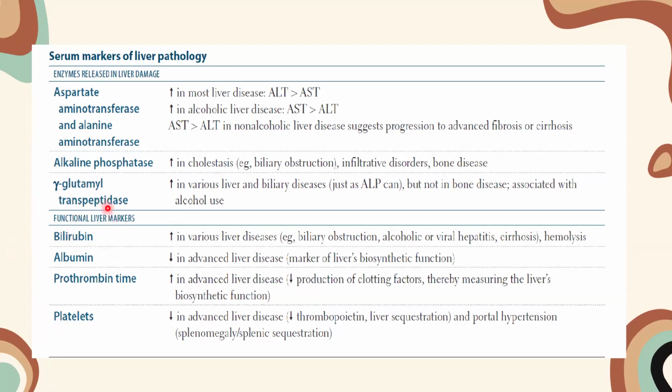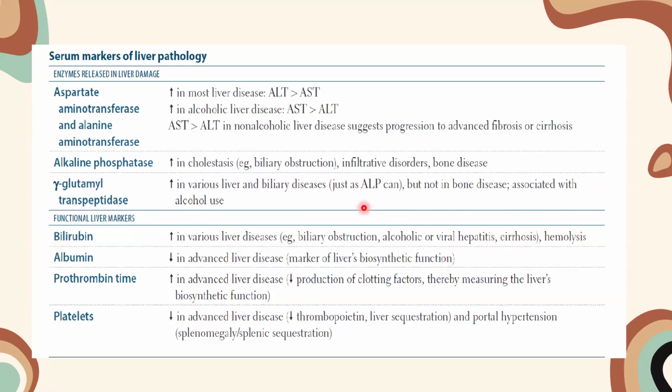So bilirubin. Bilirubin is increased in various liver diseases, for example, biliary obstruction, alcoholic or viral hepatitis, cirrhosis, hemolysis. So the exception is bilirubin here, but albumin and coagulation factors and platelets, of course, if they are low, then that means there's a liver disease, but not bilirubin. If there's a liver disease, bilirubin is going to be high.